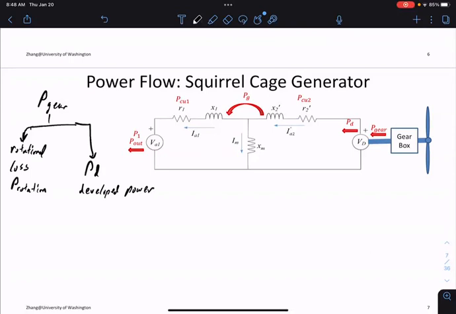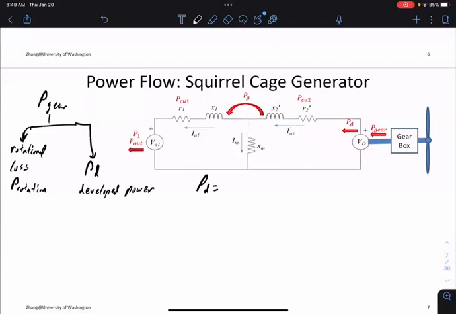Okay. And then this thing starts to branch, right? There are many ways we can write developed power. So this is an important equation to have. If you just look at the circuit diagram, one way to write it is to think of the developed power as coming from this VD, this voltage.